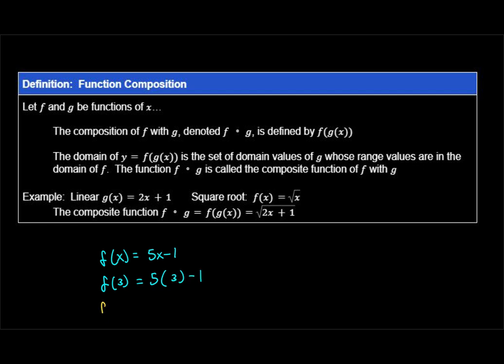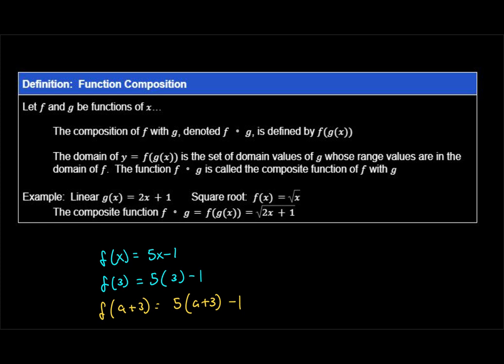And you may have also done something like this where you're plugging in a plus 3 into the equation to give you 5 times a plus 3 minus 1. So we're just extending stuff you've likely already done to doing it with two different functions, possibly different types of functions, and combining it into one expression.